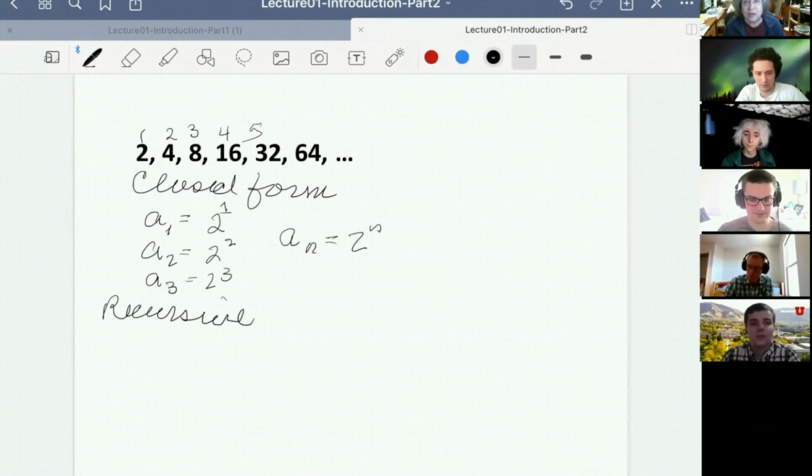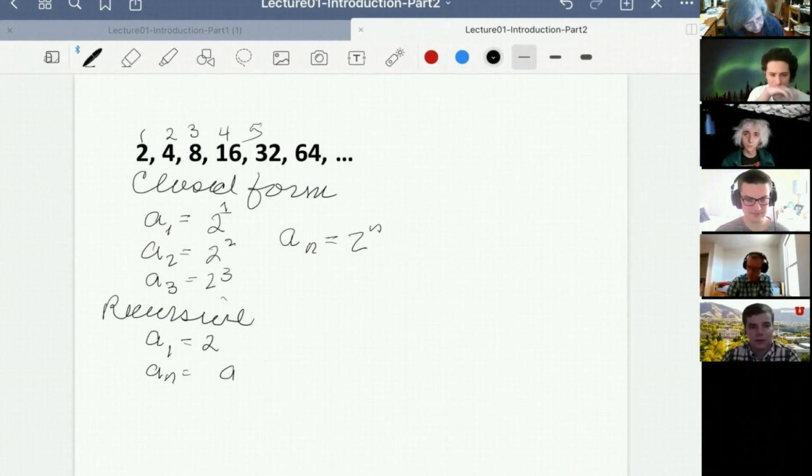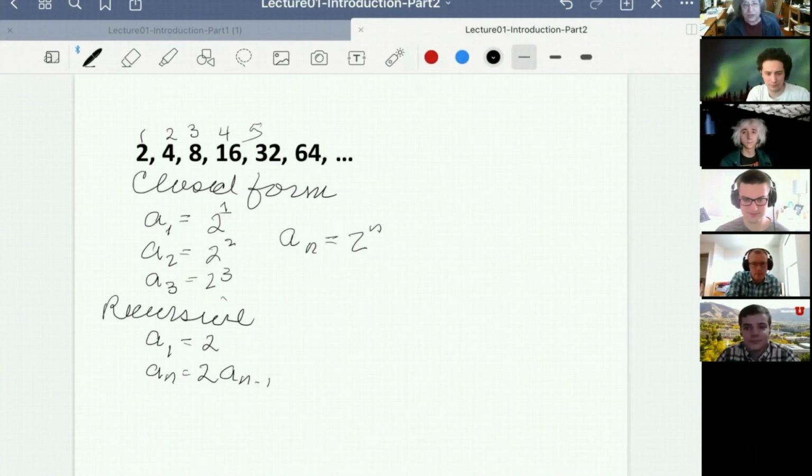What's A sub 1? A sub 1 equals 2. Yes. A sub n then equals A sub n minus 1 multiplied by 2. Very good. That's exactly right. Always ask yourself what the first one is. We don't want to forget that one.